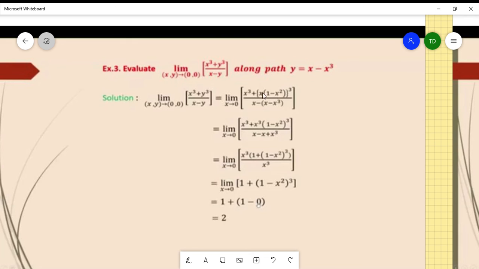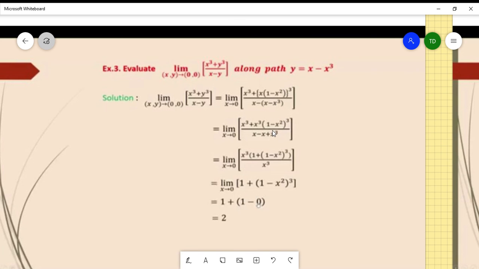Y is replaced. While replacing, we take x common. Observe here, it is x cube plus x taken common into (1 minus x square), and this whole value is cubed, and upon x minus the value of y, which is now x minus x cube. Very directly this x is getting cancelled.